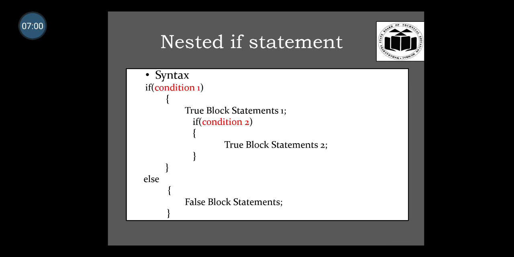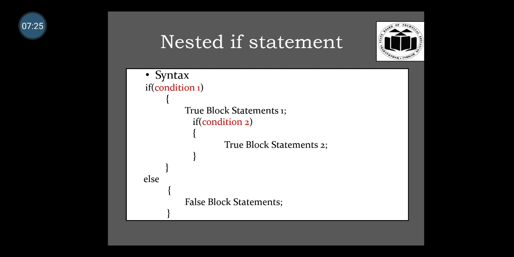Next, the last statement is the nested if statement. Nested means an if inside an if is called a nested if statement. First, in the if statement, if condition 1 is true, then only condition 2 is checked. Otherwise condition 2 will not be checked. Directly the else part will get executed.